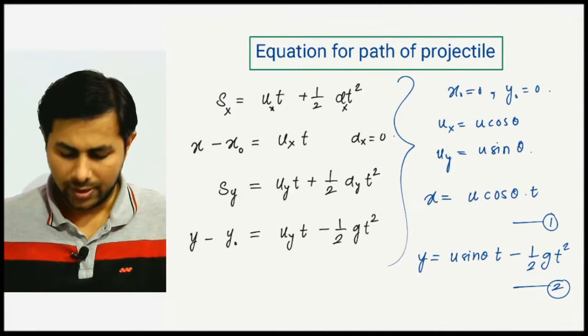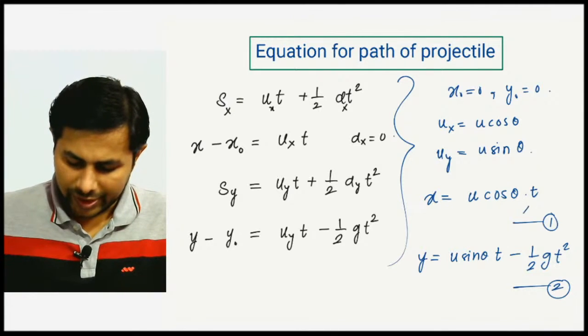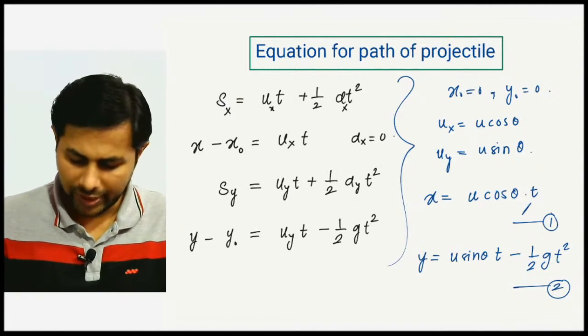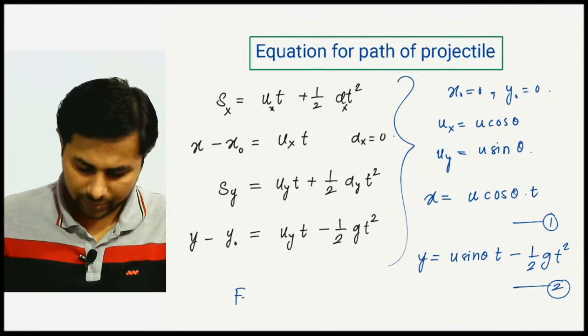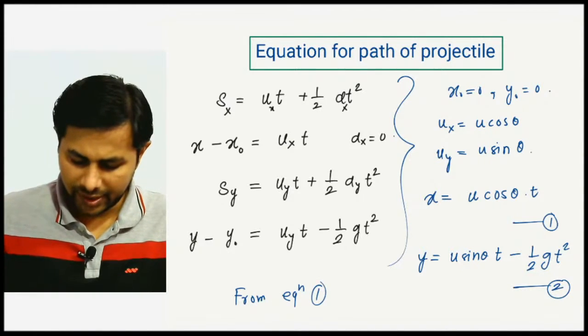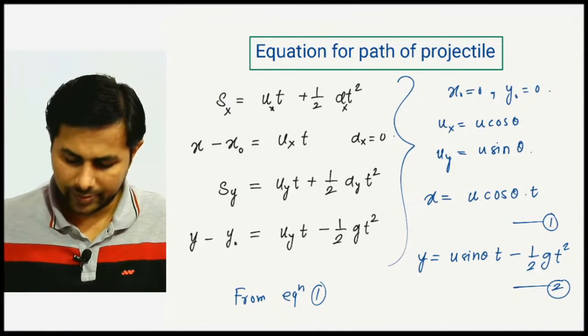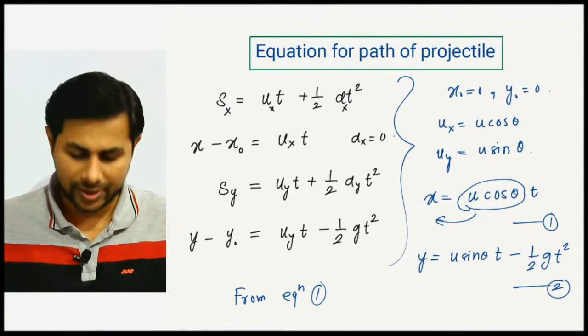Okay, now from equation 1 we can find out t. I can say t equals what? If I take this u cos theta to the other side, it goes into the denominator.